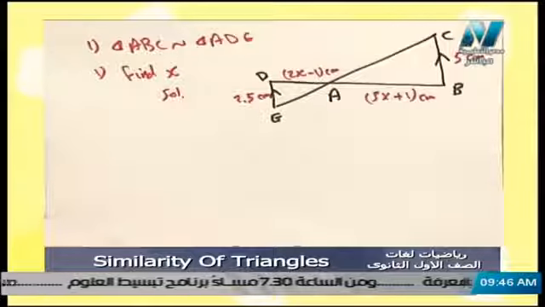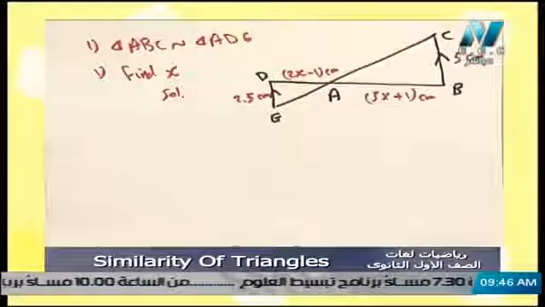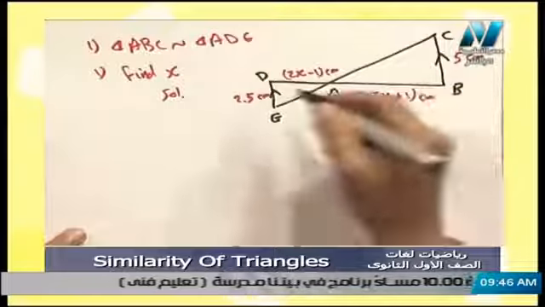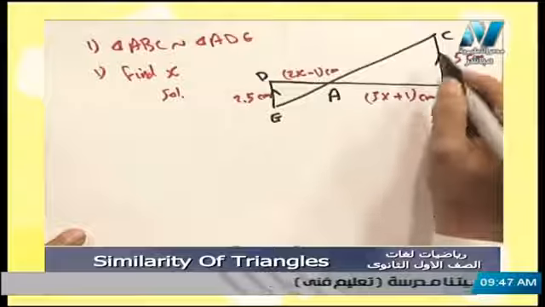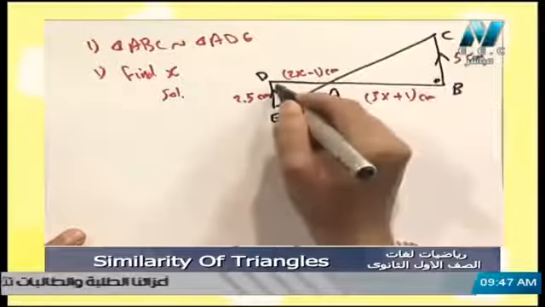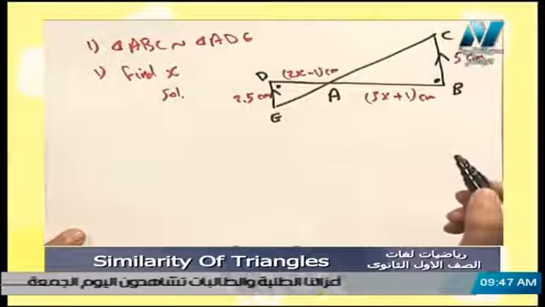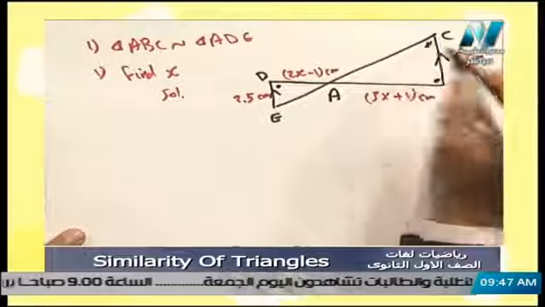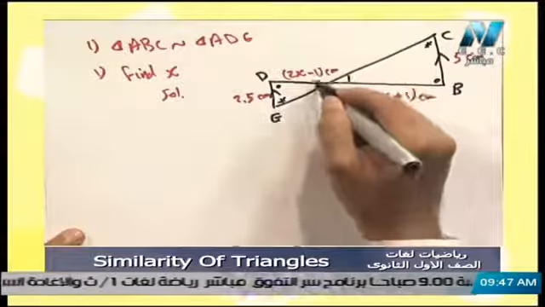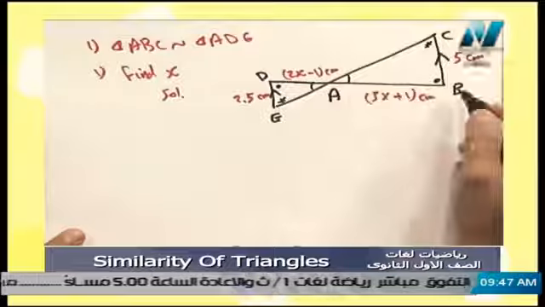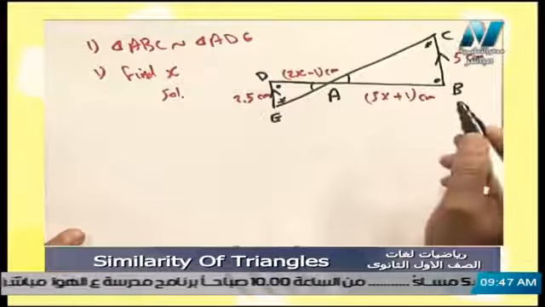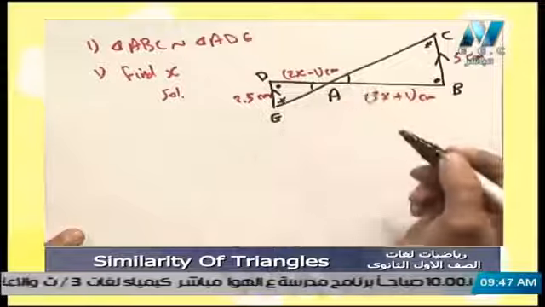Our solution will be, first we have two triangles here, this triangle and this one, and we have parallel lines. We know that if CB is parallel to DE, then the measure of angle B equals the measure of angle D, alternate angles, and also the measure of angle C equals the measure of angle E, the other alternate angles, and we have the measure of angle CAB equals the measure of angle DAE, vertically opposite angles. So these two triangles are similar.